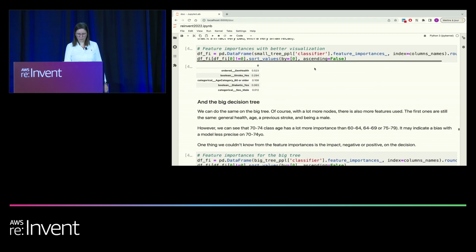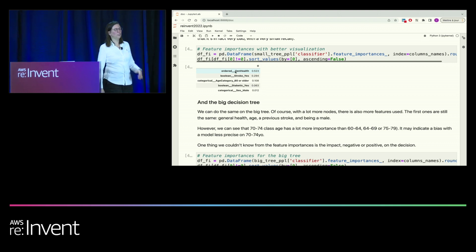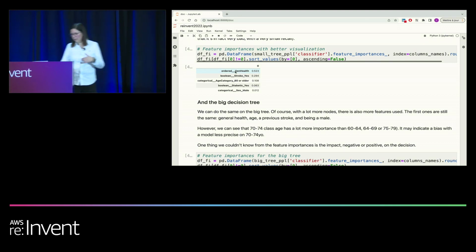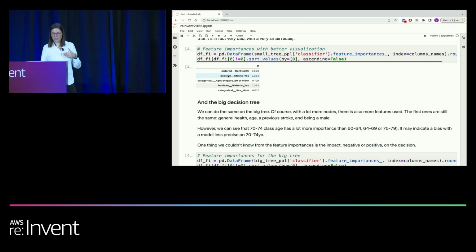For example, for my small tree, I can see that half of the decision is based on general health. And then the second feature is having a stroke before the diagnostic. And the third one is being 18 years old or over. Okay, so you have these kinds of things.